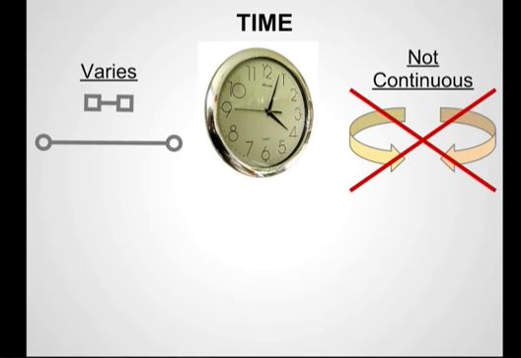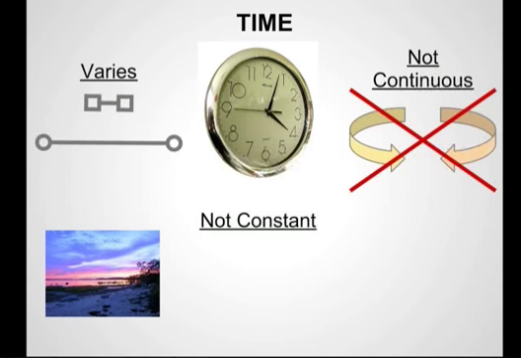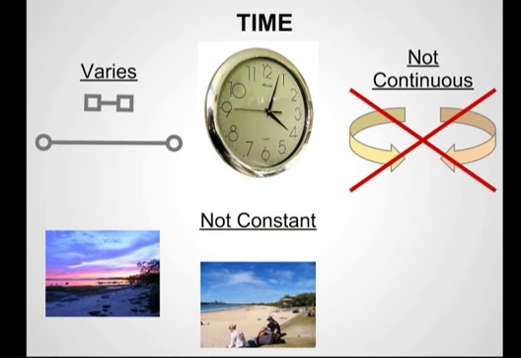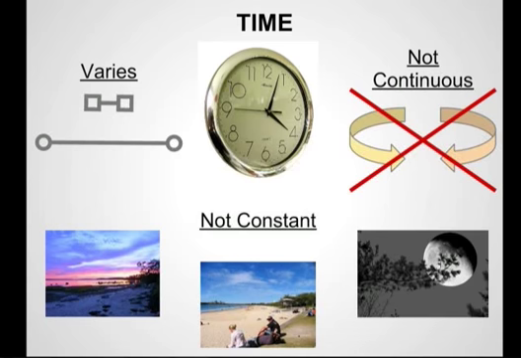And time does not mean that it's continuous around the clock. You can be in one group one time and a group another time. So it's not constant. You can be in one group in the morning, in another group during the afternoon, and yet another group in the evening, and even groups in between these 3 times of the day.